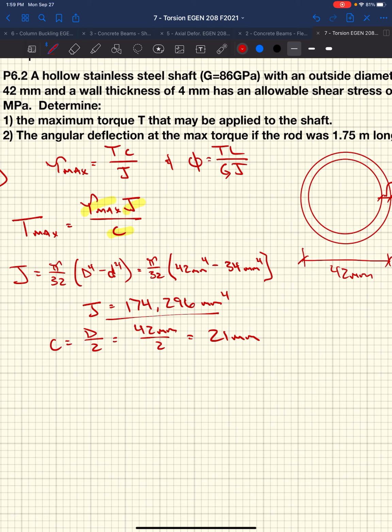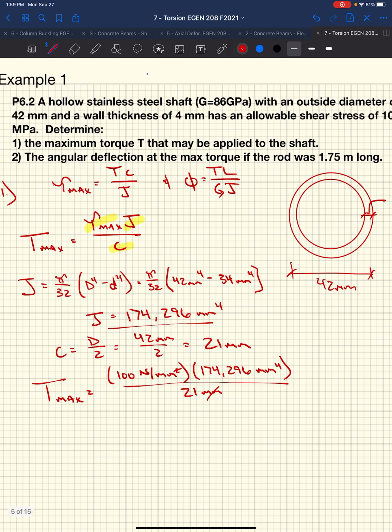And they gave us 100 megapascals. So we can start by saying maximum torque equals our allowable shear stress, which was 100 megapascals. Remember that a megapascal is Newton per millimeter squared. Times our J, 174,296 millimeters to the fourth, all over max radius of 21 millimeters. All of the millimeters cancel except for one.